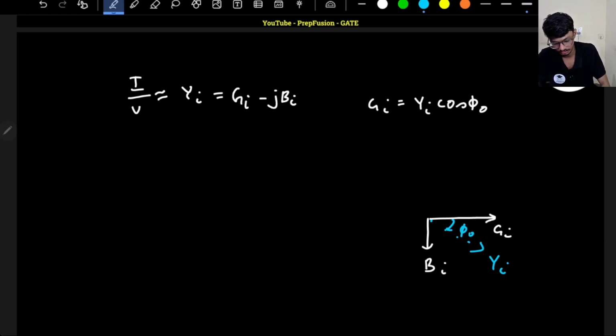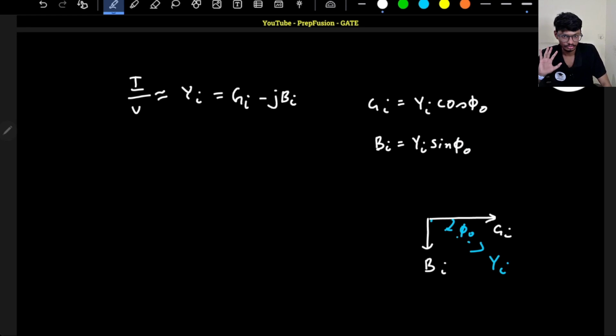So Yi cos phi naught will yield me the conductance, and the susceptance will be Yi sin phi naught. So this will be the susceptance basically.